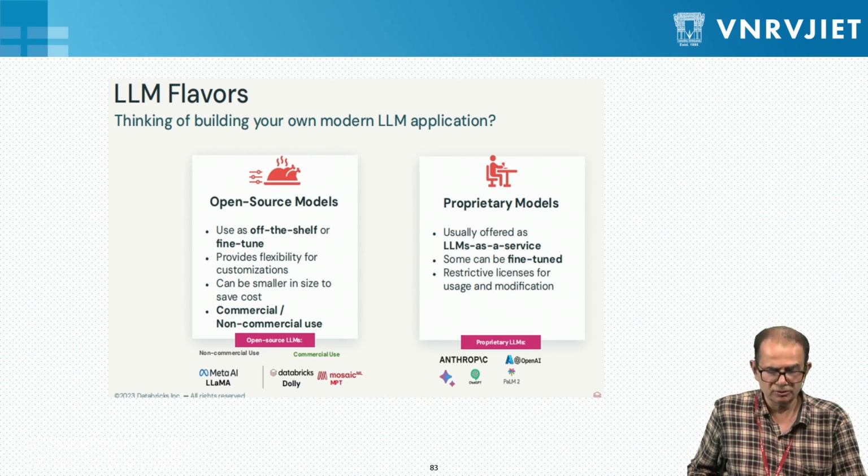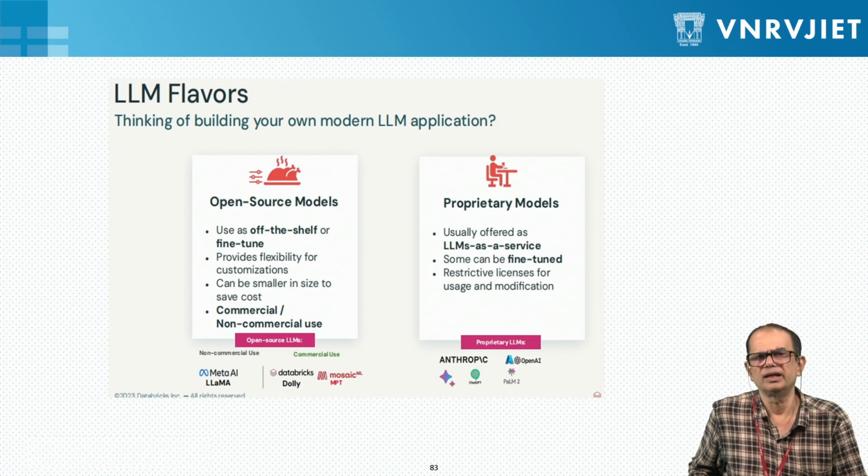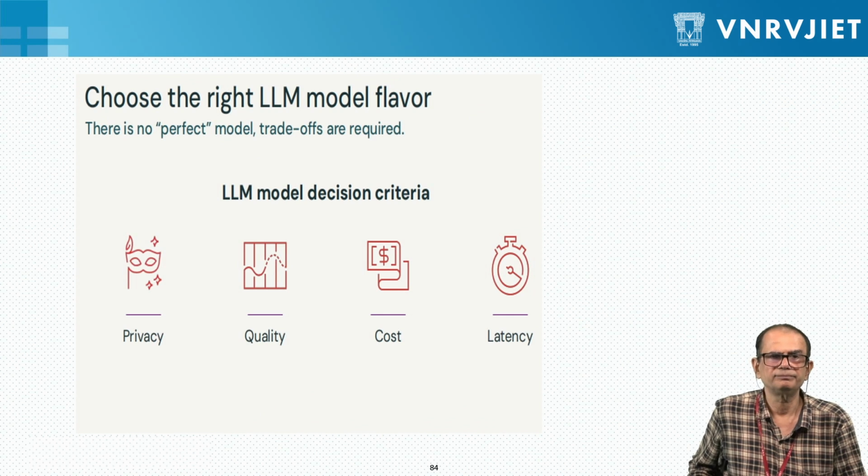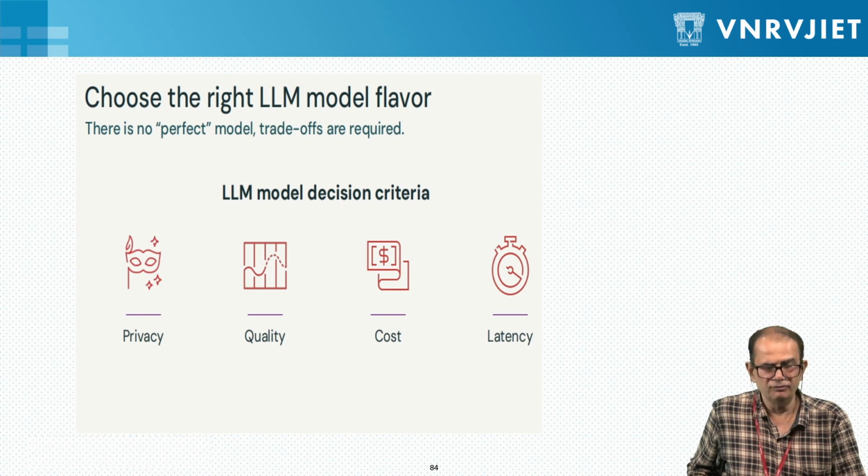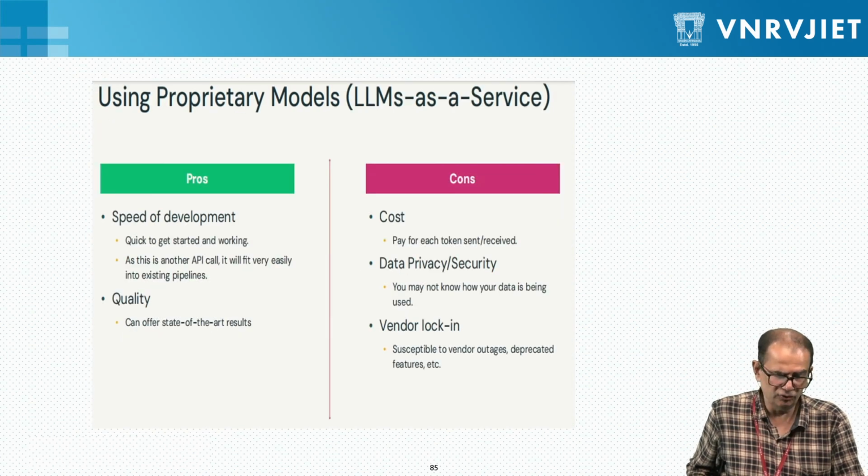They come as open source models and also as proprietary models, and we can use whichever suits our needs. It is very important that we choose the right LLM, and it depends on the quality and on the cost. These are some of the criteria we need to keep in mind in order to decide which LLM we have to purchase and use.